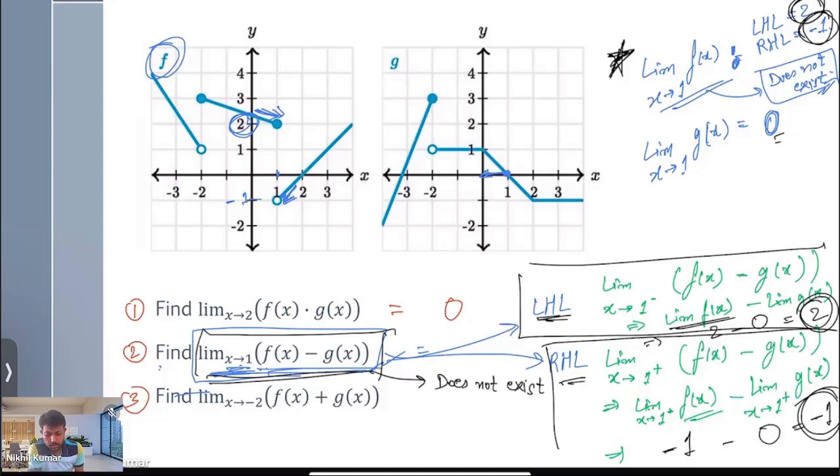I'll show you the reason, because in the third question you will see that even if the limit of one of the functions does not exist at that point, a combination of functions, that is f of x plus g of x, might exist. This would be one case where one of the limits does not exist at that point, but the limit of this entire function f of x plus g of x will exist. You will see that right now. Let me clean this up and then we'll start with the third question.